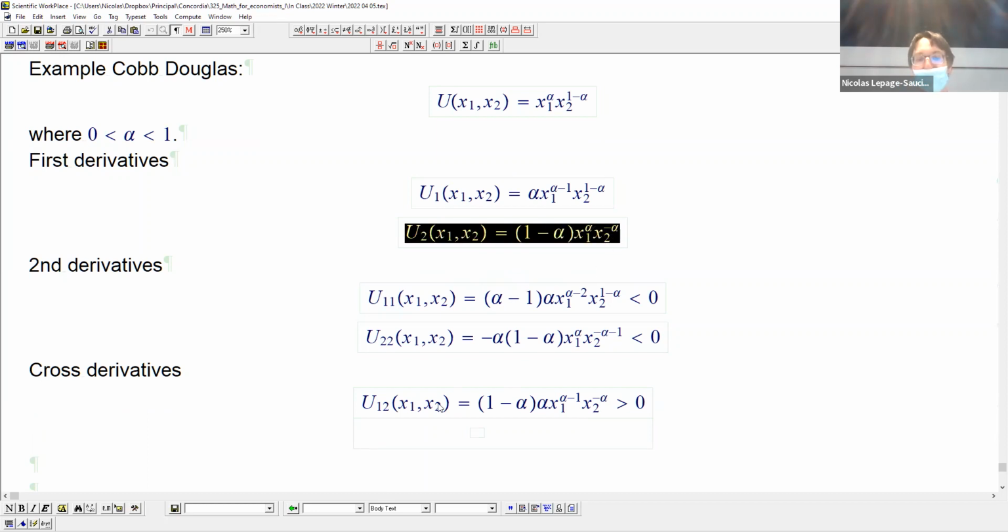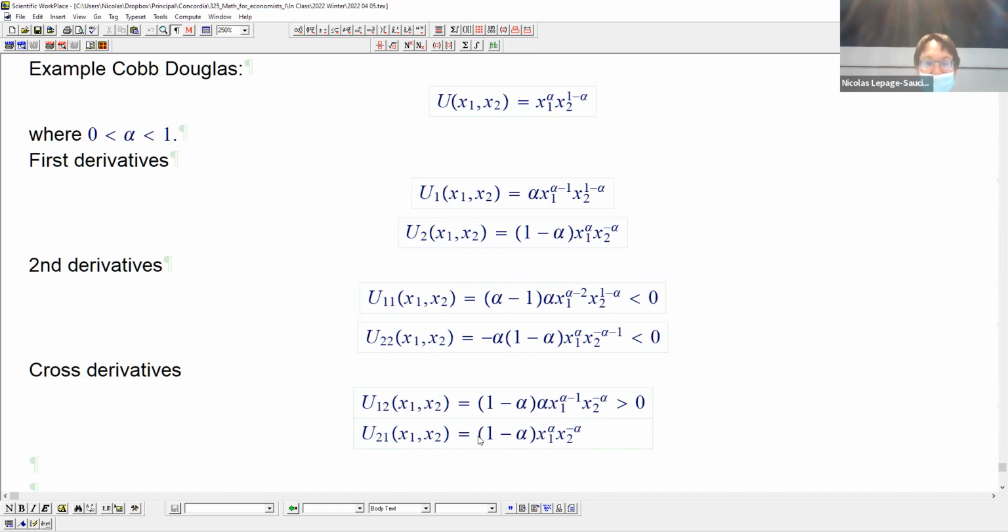So rather than start with 1 and then 2, let's start with 2 and then 1. So now I derive with respect to x1. I get alpha times 1 minus alpha, and it's the same thing.